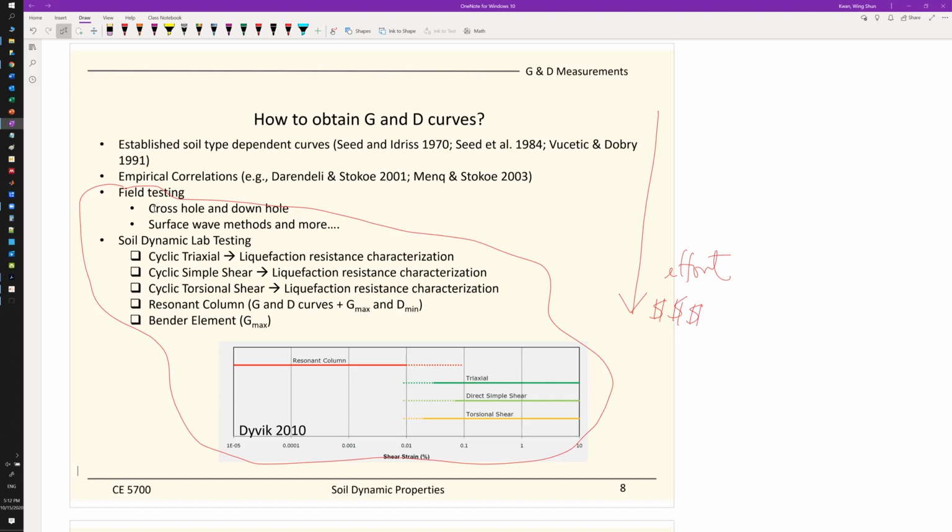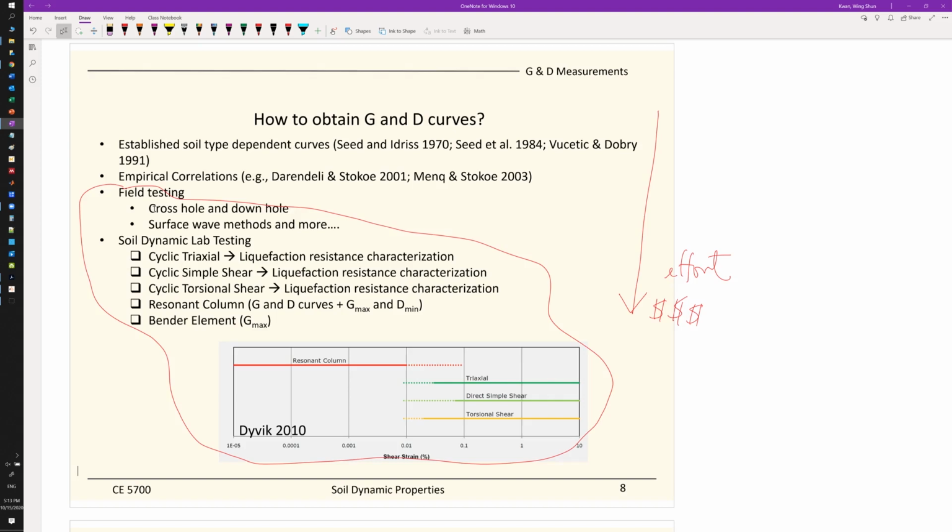But the basic idea here is I want you to learn how to obtain those G and D curves, what type of options are available, and based on your need, which ones you should go with. That will be the first step when you work together.